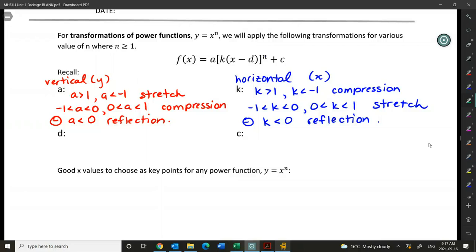Okay, for the d value, because of this negative here, we always need to remember when we're stating the d value, we switch the sign, if you guys remember that from last year. So switch the sign you see in the equation.